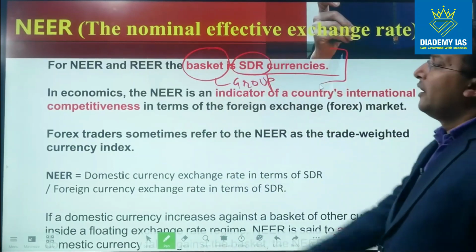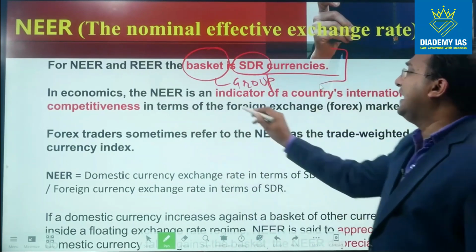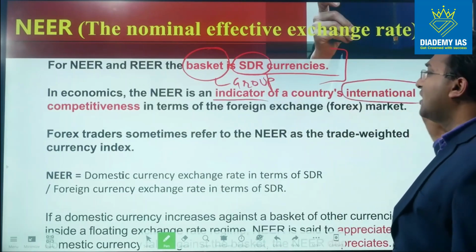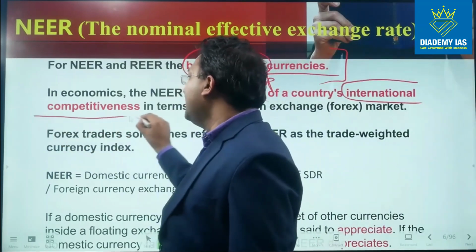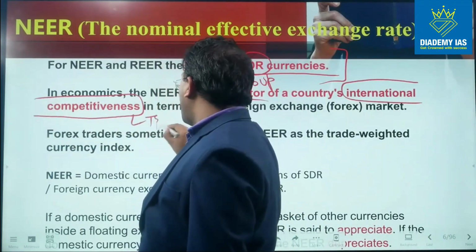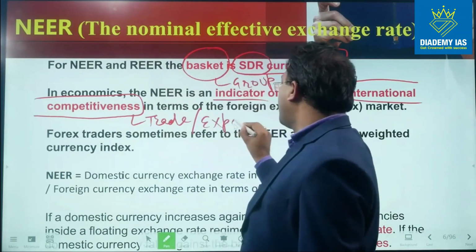Now coming back, in economics, the NEER is an indicator of a country's international competitiveness, right? So I told you it is also called the trade competitiveness or export competitiveness.